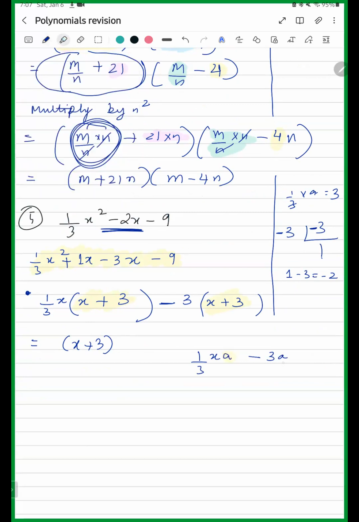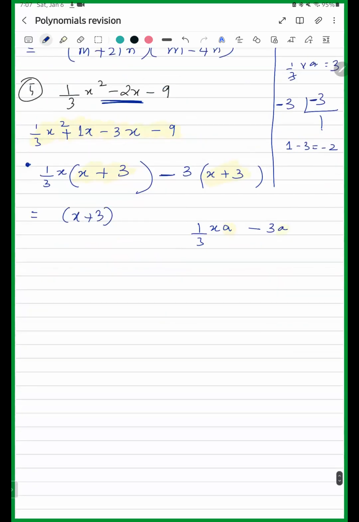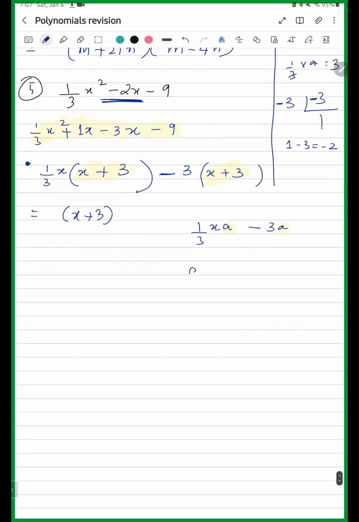Then over here, what is common in both of these terms? A is common in both of these terms. So you take a as common, and what else is left? You are left with 1 by 3x minus 3, right? That's the same thing we have done. A is our x plus 3. We have taken that as common, multiplied by 1 by 3x minus 3, which is what was left over here. Got it, Avni? Yes, ma'am, got it.